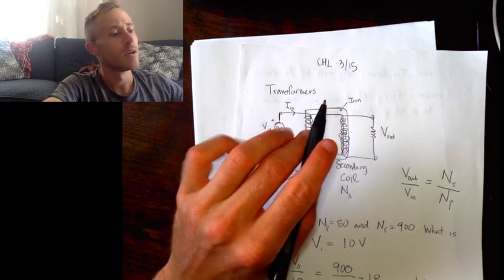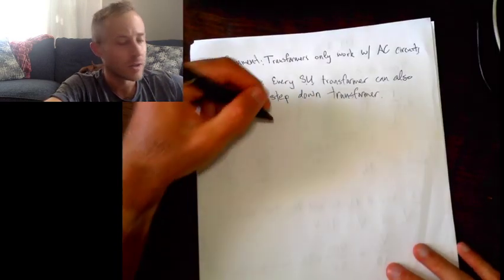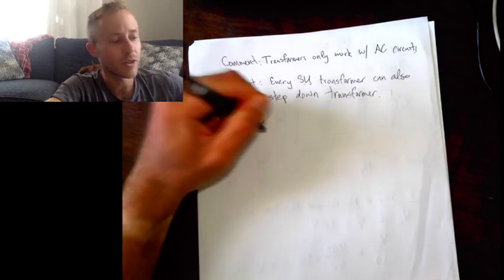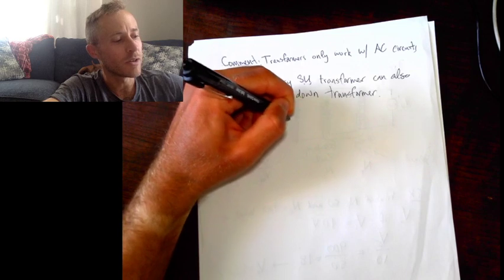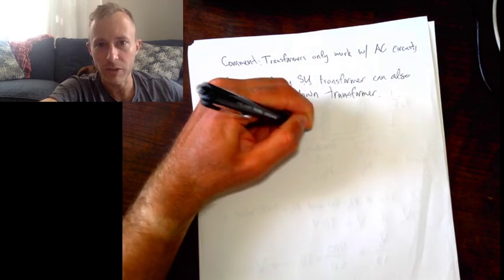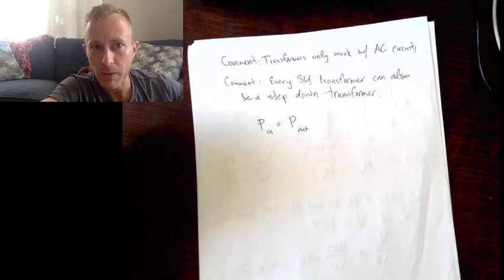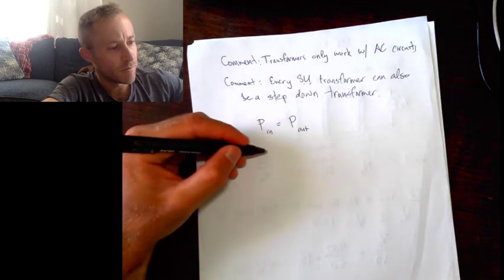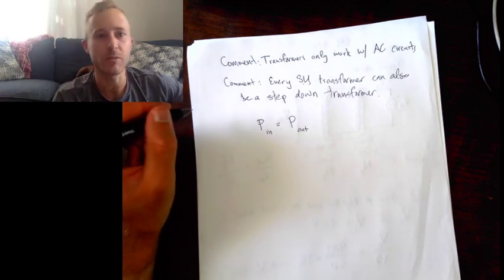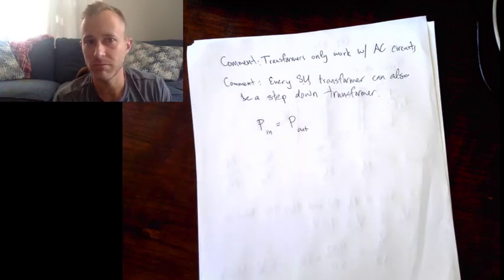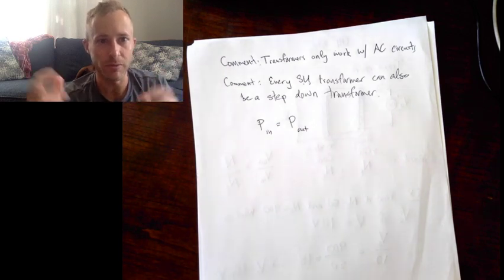Okay? So basically, the power that goes into the transformer has to equal the power that goes out of the transformer. Otherwise, that would mean that the transformer is adding energy into the circuit, but it doesn't do that because it's just a lump of iron.